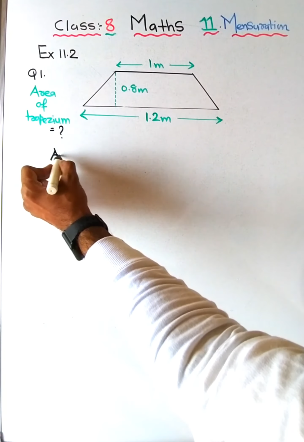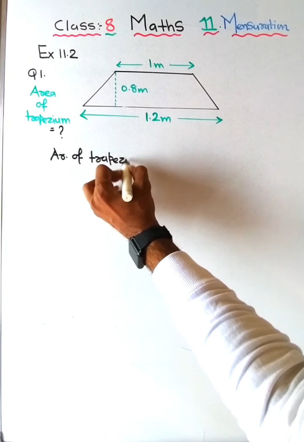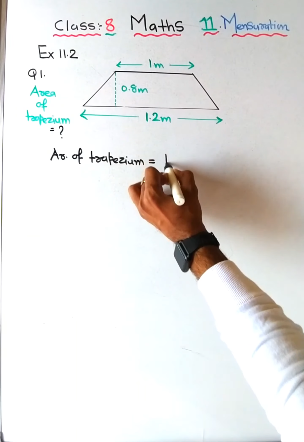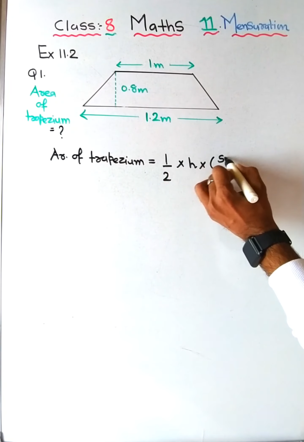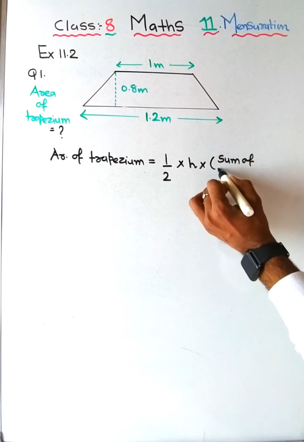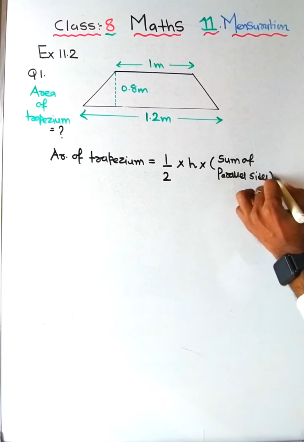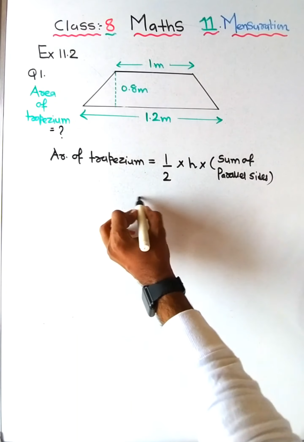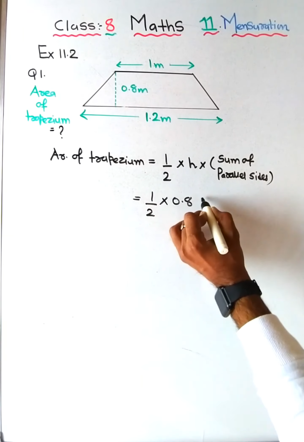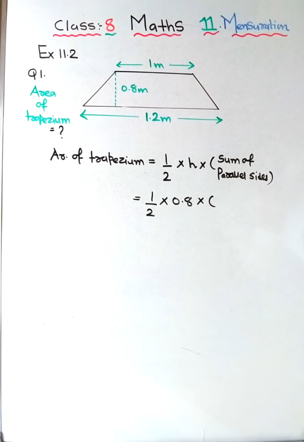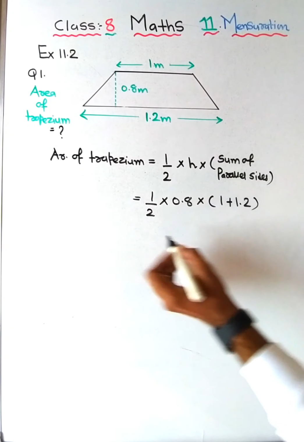So we know that the area of a trapezium is equal to 1/2 into height into sum of parallel sides. Okay. Now let us put the values. So here it will be 1/2 into height, which is 0.8, into the sum of parallel sides, that means 1 meter plus 1.2.